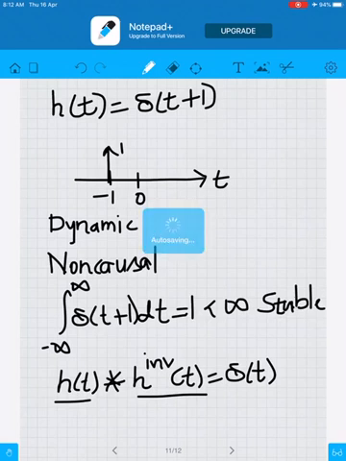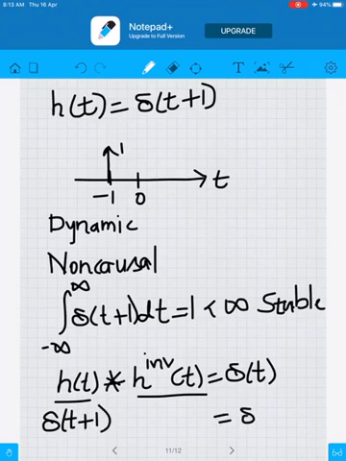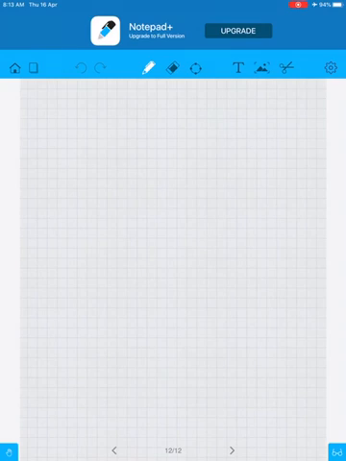Now, here I have delta of t plus 1, and that should be equal to delta of t. Under what conditions will I get this? When I convolve delta of t plus 1 with delta of t minus 1, only then I can get delta of t. This is from the property of the convolution integral for direct delta functions.